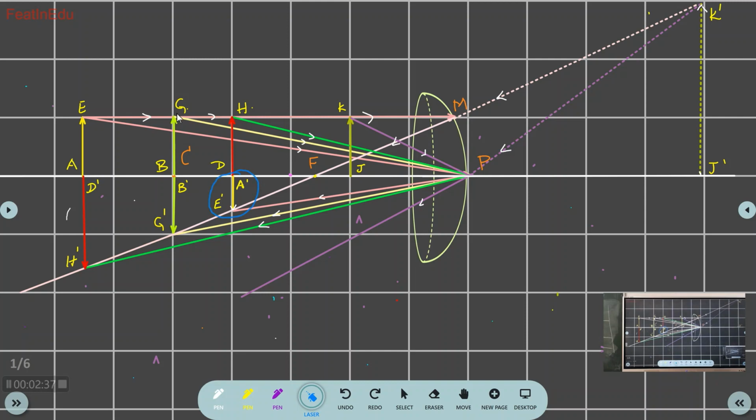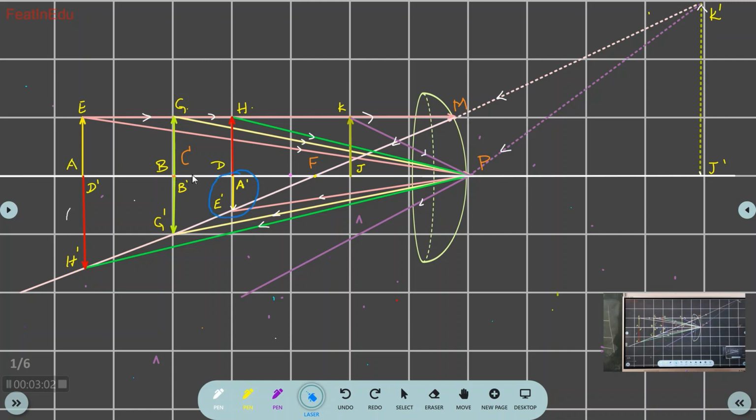Now similarly, when I move the object closer to the mirror and it is at C, consider this ray parallel to the principal axis, and after reflection, you can see that it is coming back like this. Then I have taken one more ray, this yellow colored ray. After reflection, it is meeting at this point. So we are getting an image exactly at C when the object is at C, as expected.